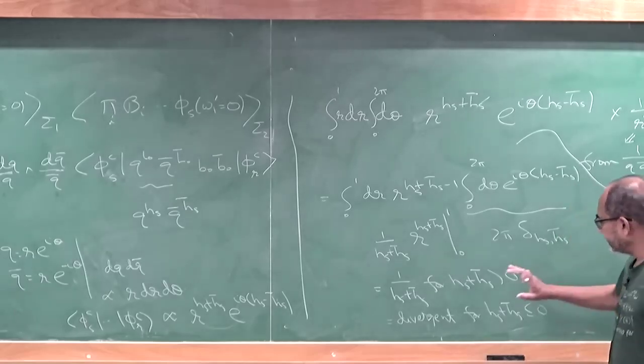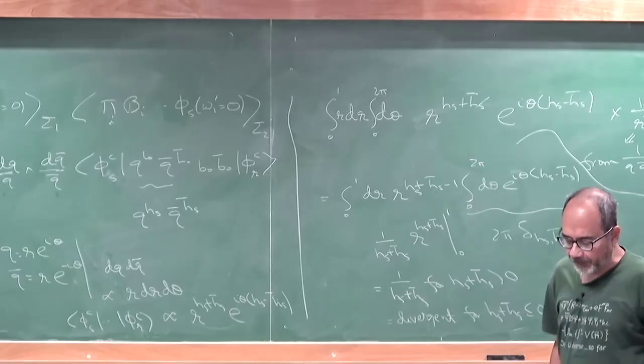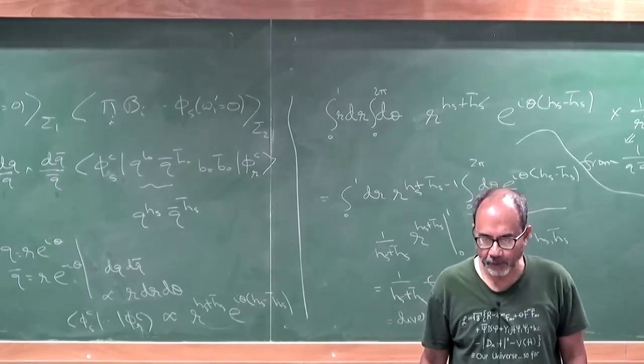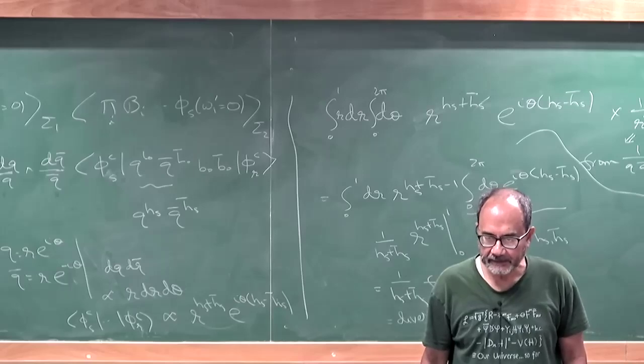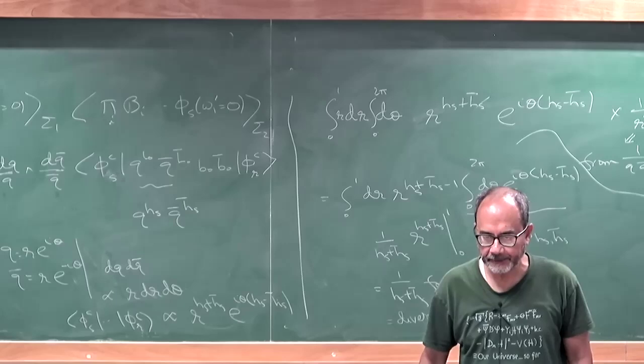First, let's look at the case HS plus HS bar larger than 0. The spectrum is bounded from below, but e to the I k dot x can have arbitrarily negative L0 plus L0 bar, right? Even in superstrings, those are the ones propagating. In the intermediate state, anything can propagate.